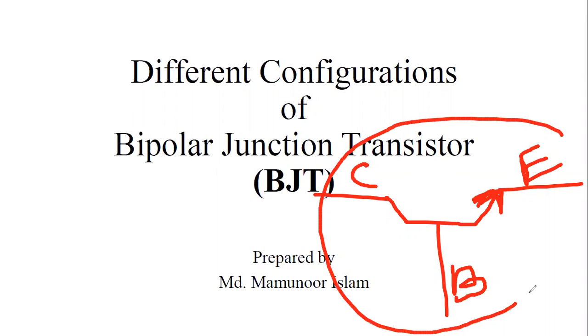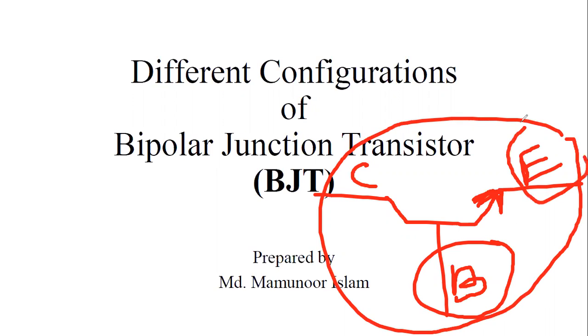Yesterday we discussed the common base configuration, where the base is common in both input and output. Today we will see the common emitter, the most popular configuration, and then the common collector configuration. Then we'll do one or two mathematical problems regarding the biasing of this transistor circuit. So that is our total plan for today.